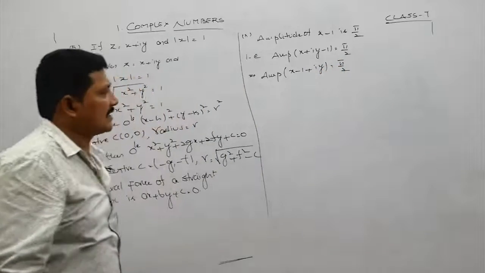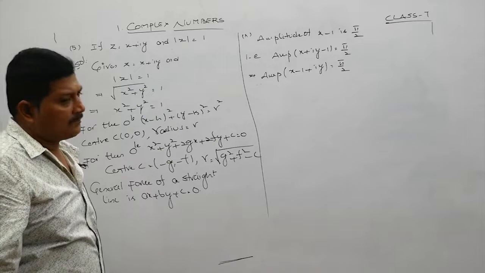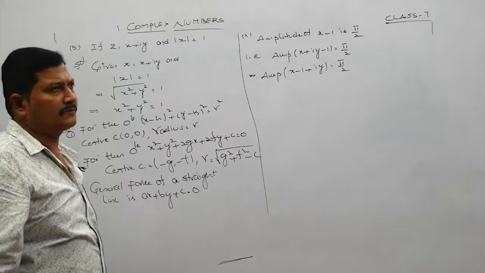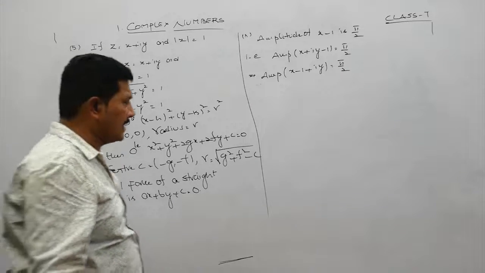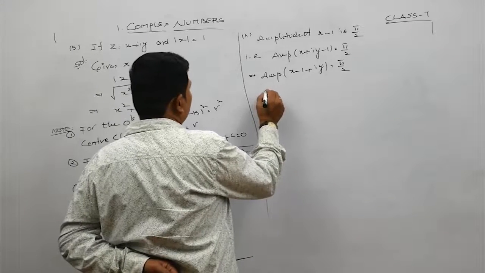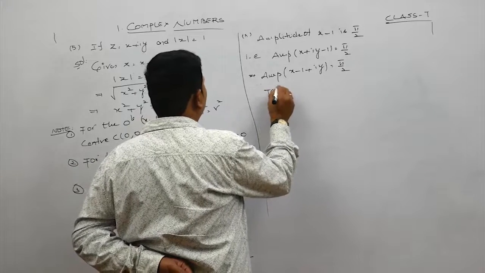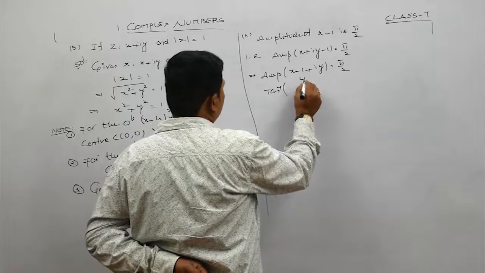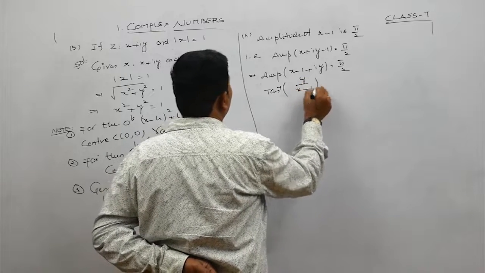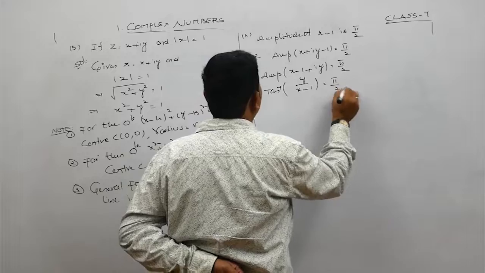When we discussed the polar form or modulus-amplitude form, everywhere we wrote that amplitude or argument is given by the formula tan inverse b by a, tan inverse y by x. So tan inverse y by, in the place of x you can see x minus 1, is equal to pi by 2.